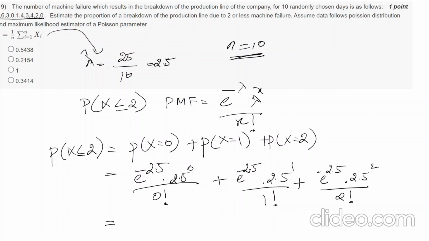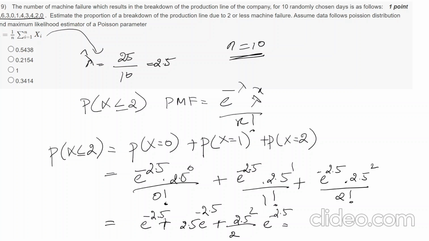If we estimate the values, this will be e power minus 2.5, plus 2.5 into e power minus 2.5, plus 2.5 square by 2 into e power minus 2.5.